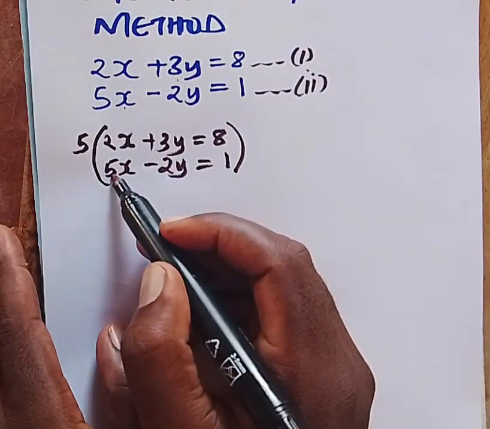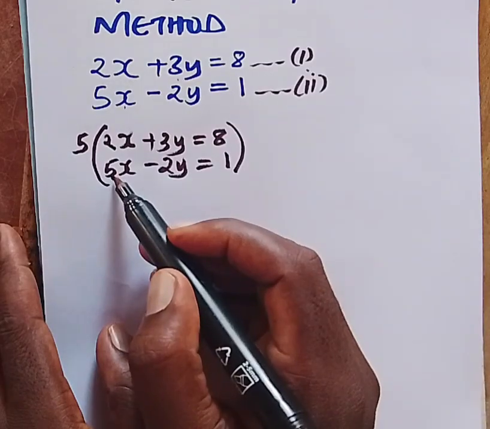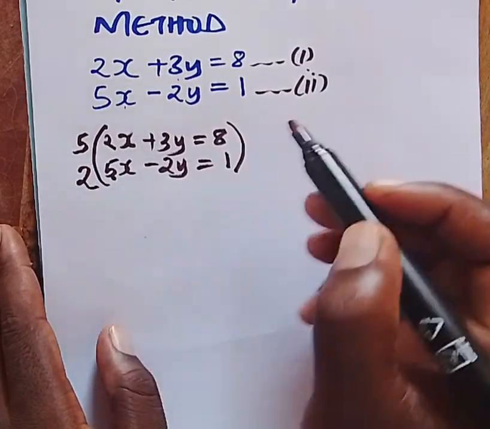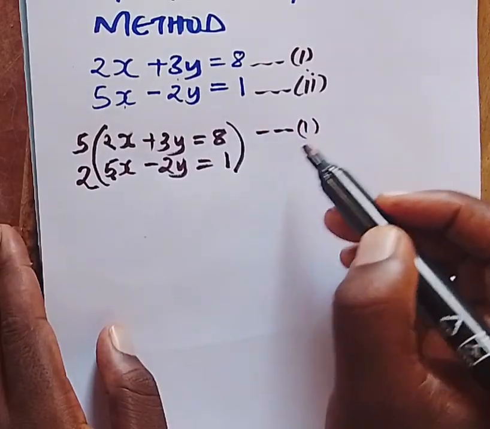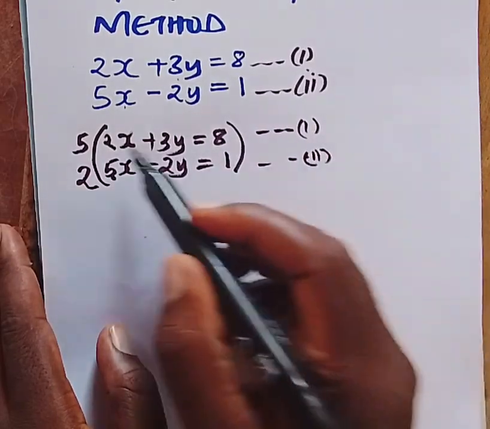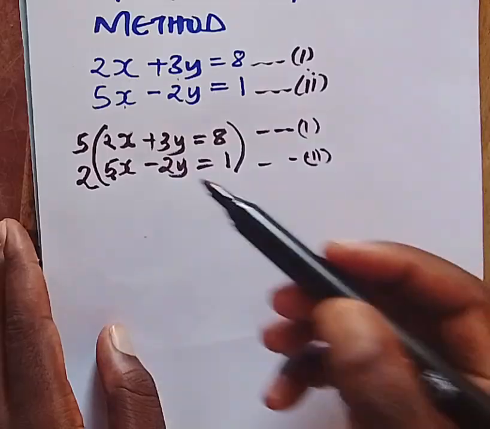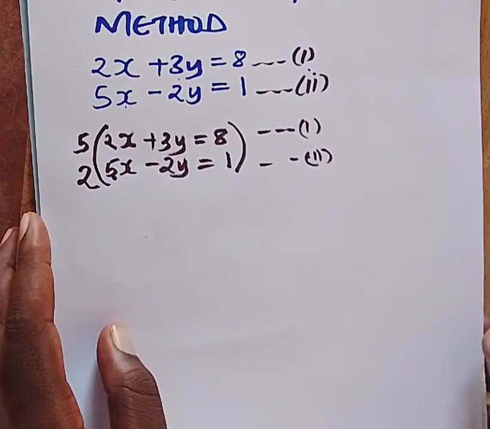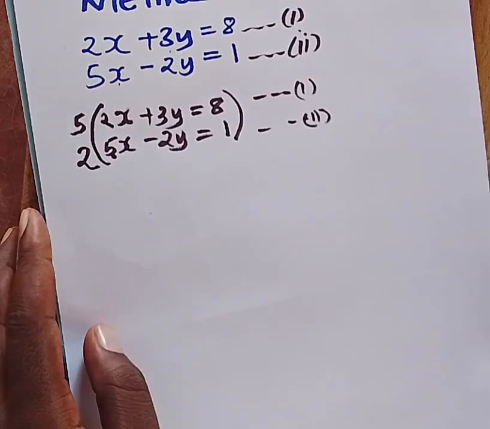Then on equation 2, I ask what can I multiply 5 by to get 10, and that is 2. So we will multiply the two equations by these numbers, which make the 2 and 5 equal so that we can eliminate the x.